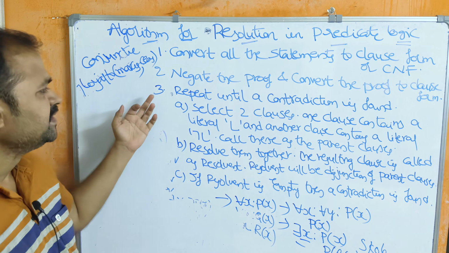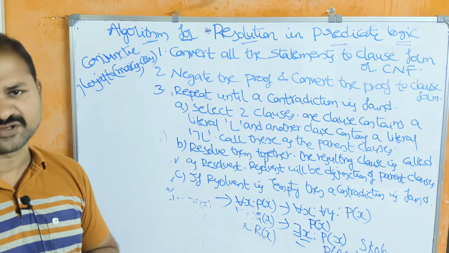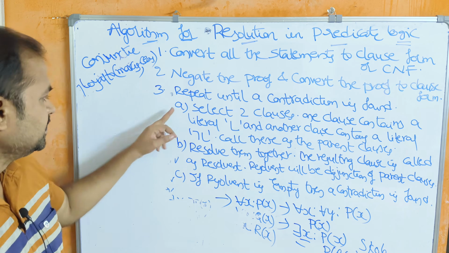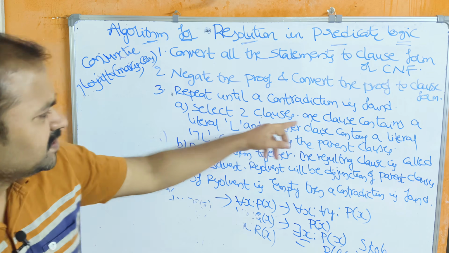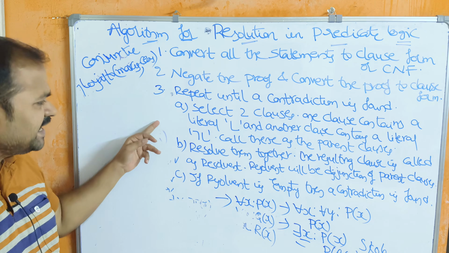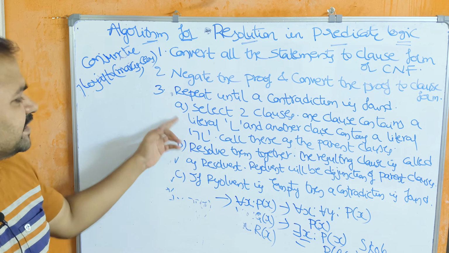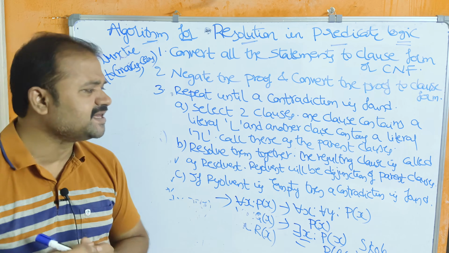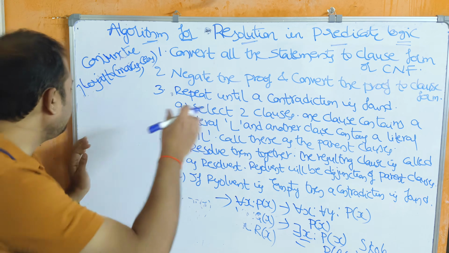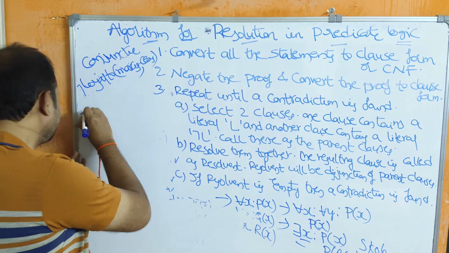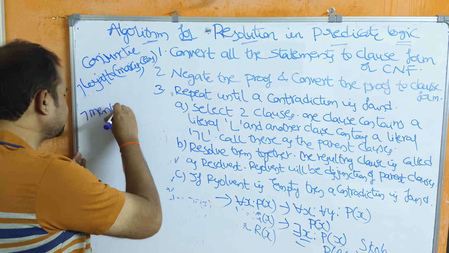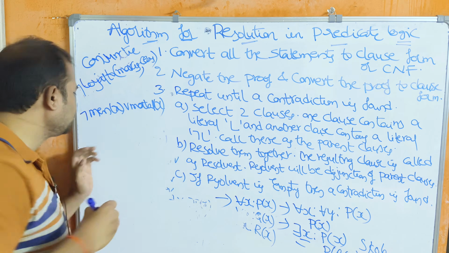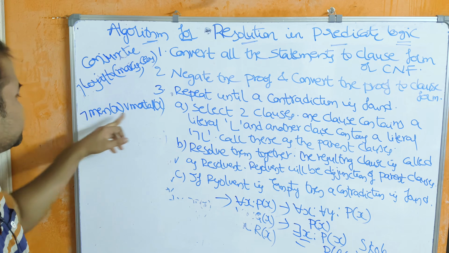Next, third step, repeat until a contradiction is found. That means repeat until no progress is made. A. Select two clauses. One clause contains a literal L and another clause contains the negation of the literal, not L. Call these the parent clauses. Okay. So let one clause be in this form, negation man of x or mortal of x. Here this parent clause contains two literals.